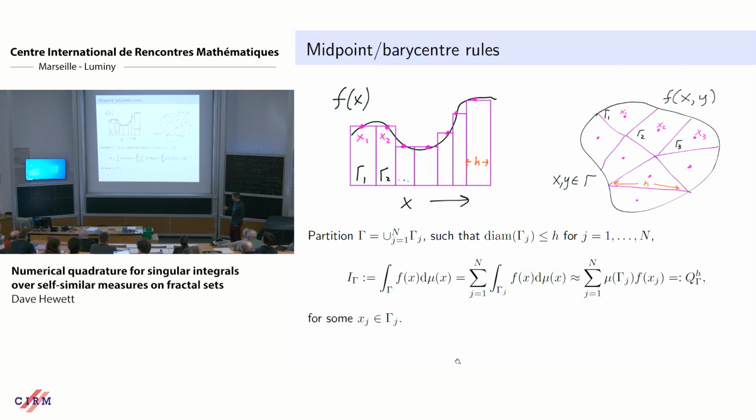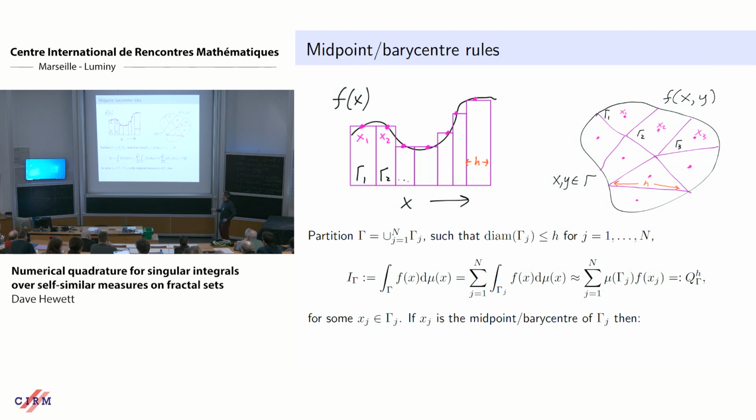This is a sketch in the 1D case where integration is over an interval. This is a sketch in the 2D case where integration is over this domain here. Just take some subdivision and choose some points inside the elements.